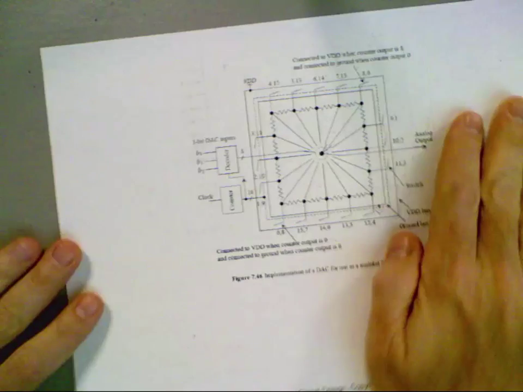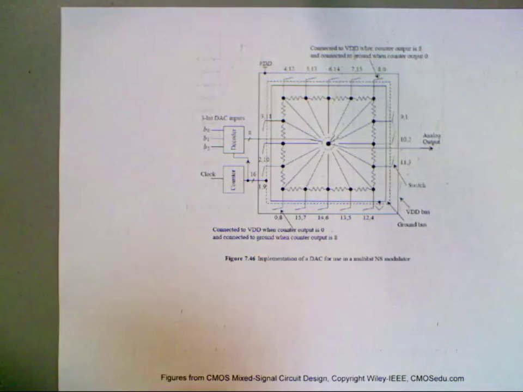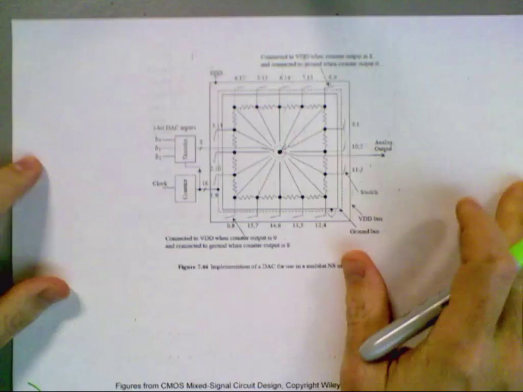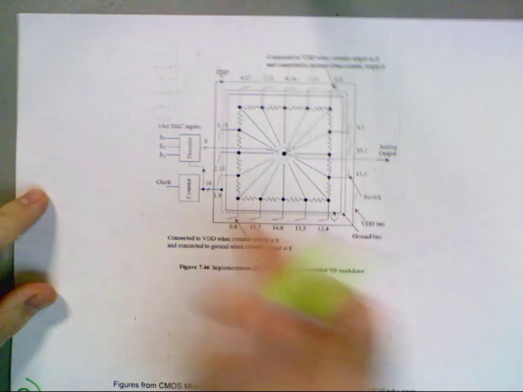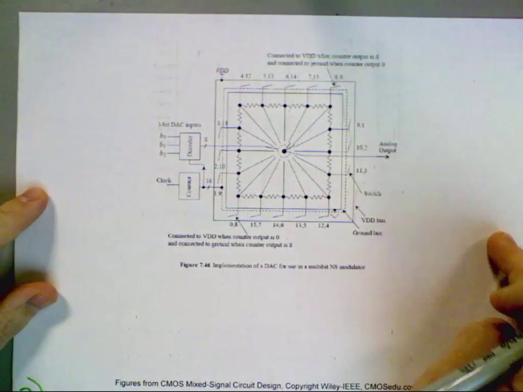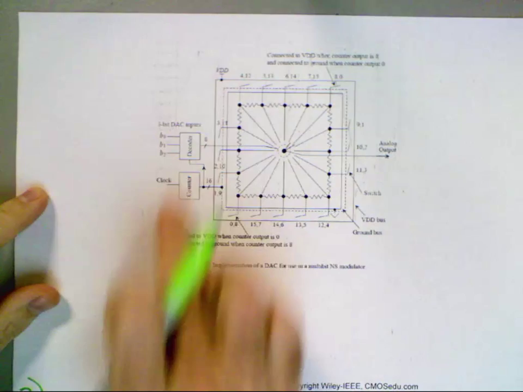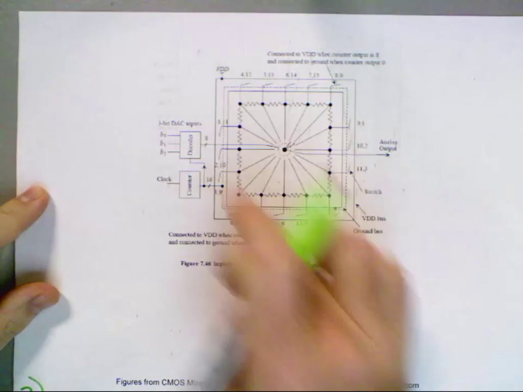The last example I'll show is right here, just showing some resistors here, and then you have a decoder which comes in and a counter that changes, and it just selects which one of these taps it goes around.